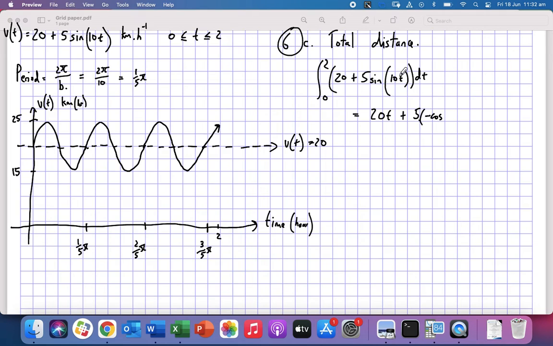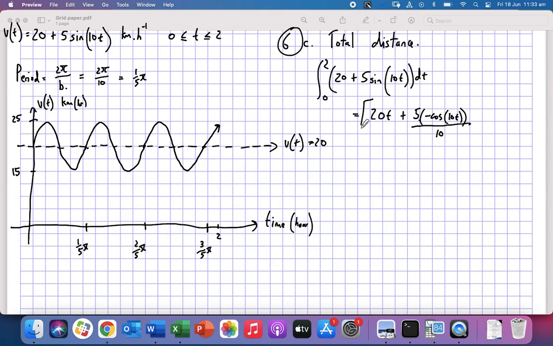That looks dodgy. Keep this the same. It's application of the chain rule, I guess. If I was taking a derivative, I would at this point be multiplying by 10, looking at the inside function where the t is multiplied by 10. So we multiply a derivative by 10, but I'm not. I'm doing an integral, so I've got to do the opposite and divide by 10 to deal with the inside.